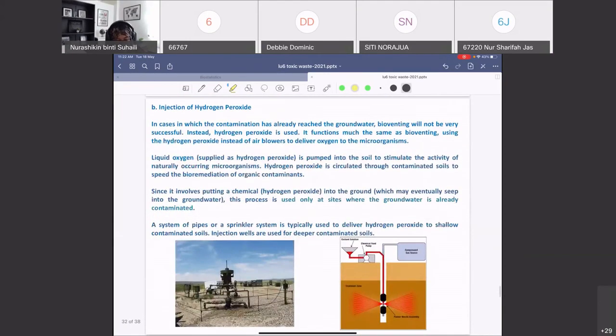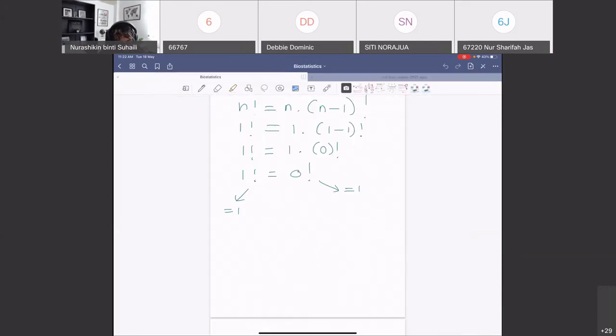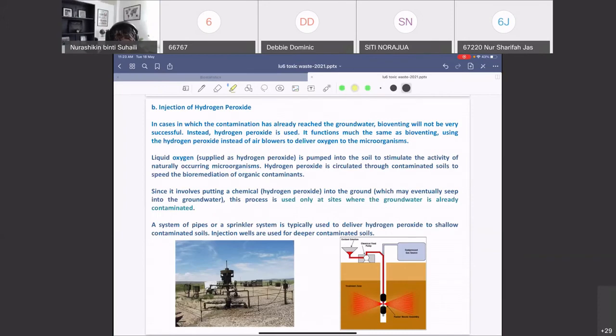Okay, apart from nitrogen and phosphorus, another type of nutrient or compound that is injected is hydrogen peroxide. Okay, why hydrogen peroxide? It is because it is actually a liquid oxygen. So it will provide oxygen to the microbes inside the soil.